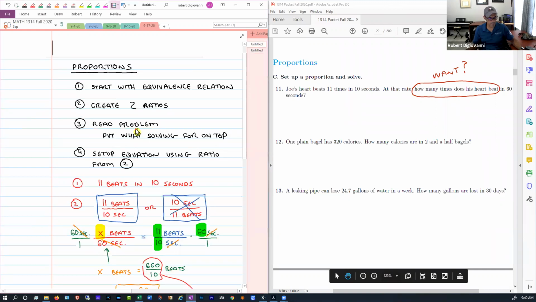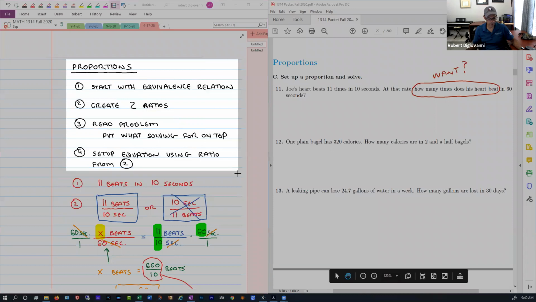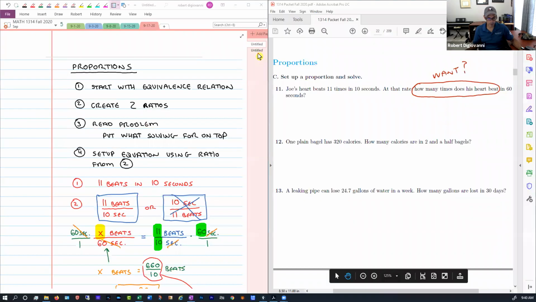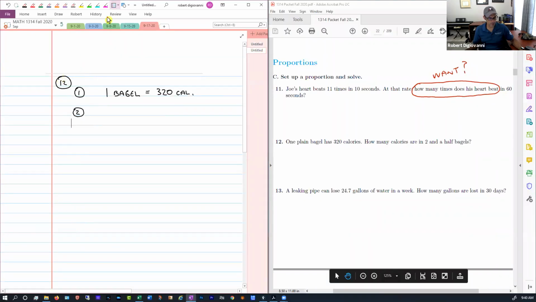Let me bring up the steps from the previous page, and let me slap those in here.